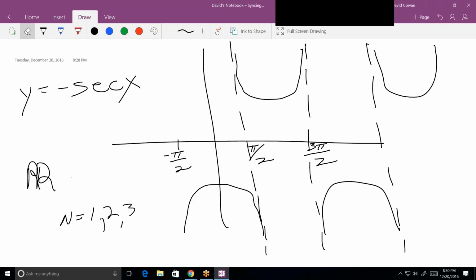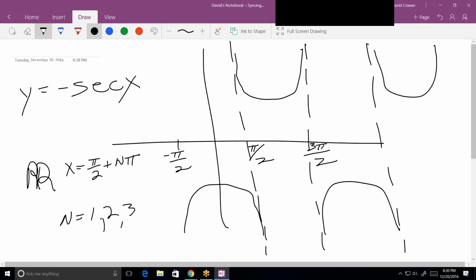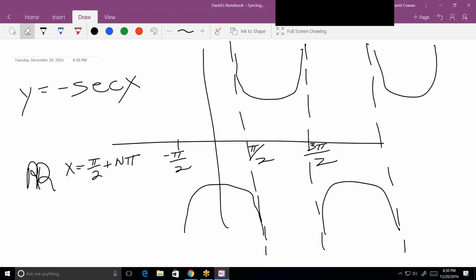It's all reals except x cannot be equal to pi over 2 plus multiples of pi, n pi, where n is all integers, not starting just at 1, 2, 3, but n can be negative. In other words, n is integers only. And notice how that works. X cannot be equal to pi over 2. It cannot be equal to 3 pi over 2. It cannot be equal to 5 pi over 2. And that's what that says right there.